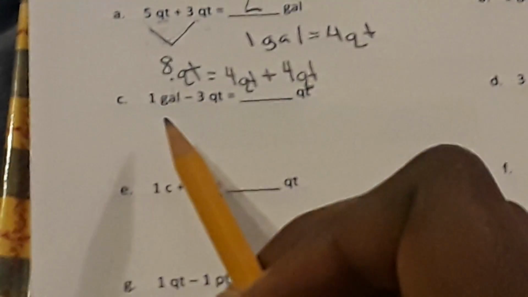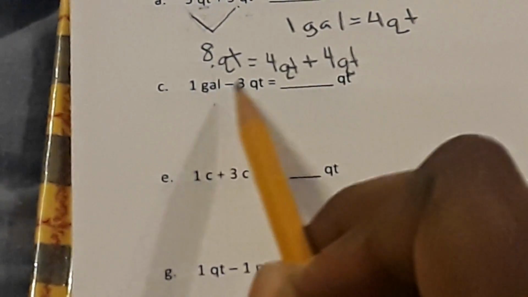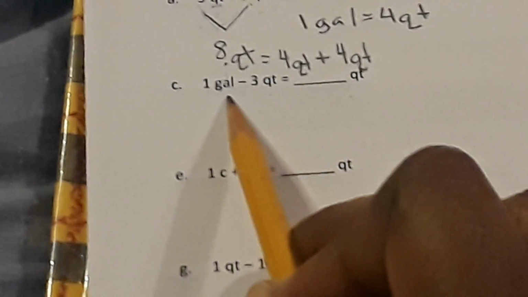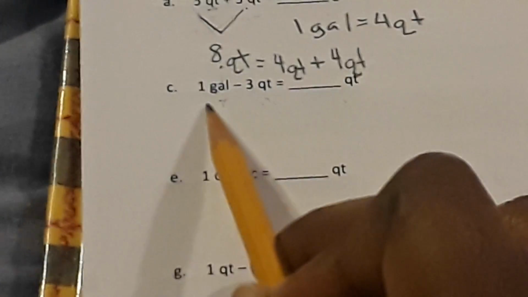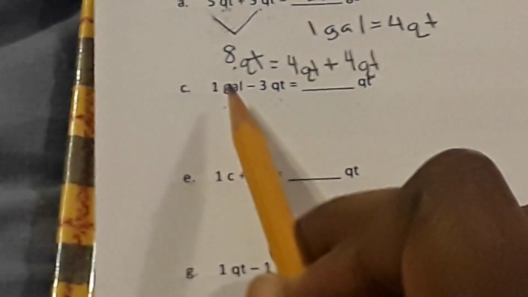If we come down here to C, you have 1 gallon minus 3 quarts equals how many quarts? Since this is gallons and this is quarts, you're going to have to make one of them match the other. Since I cannot make 3 quarts into a gallon, I can turn 1 gallon into quarts.